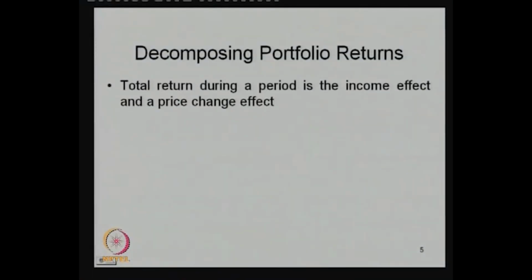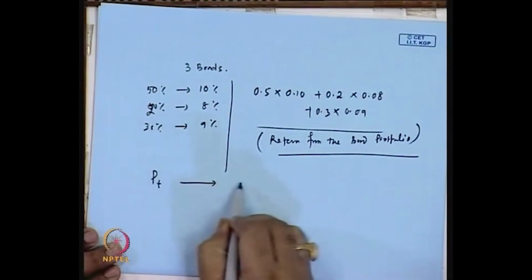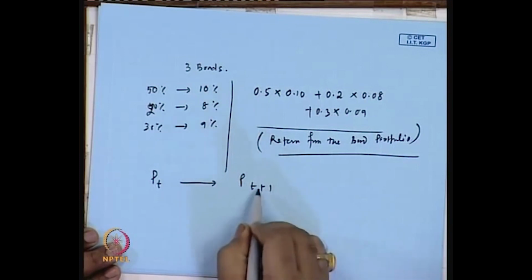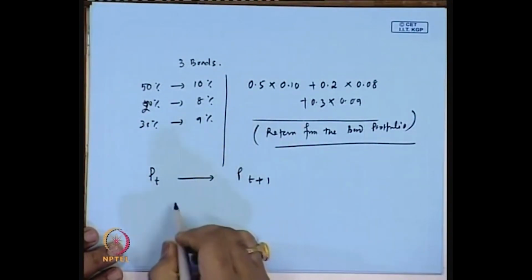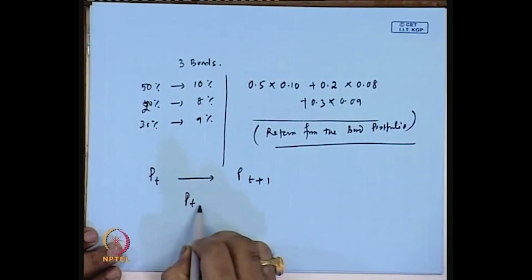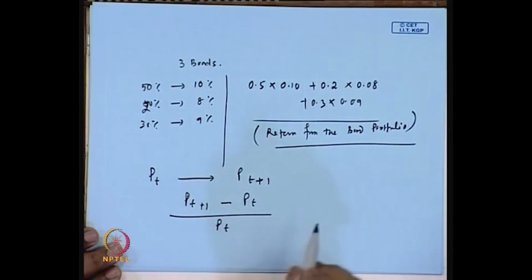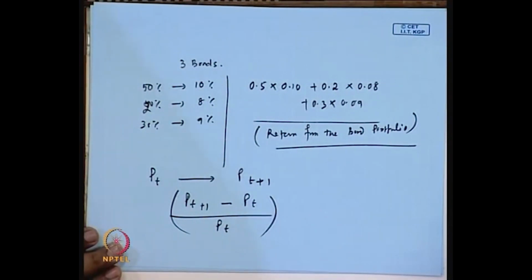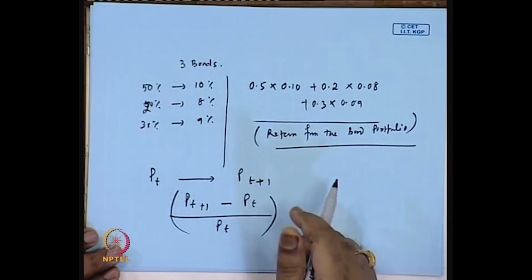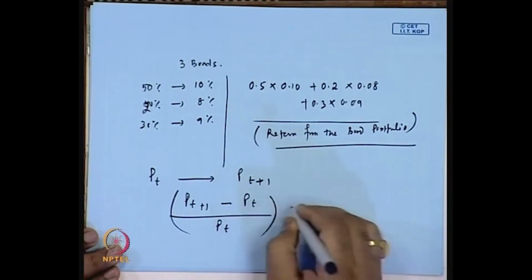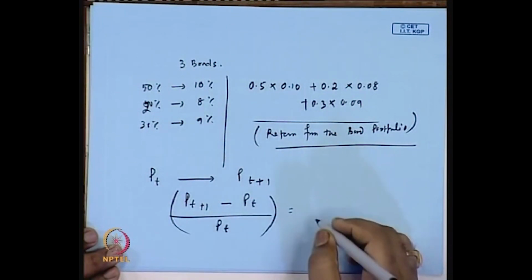Already we know that whenever the return changes, for example, your bond price was P_t and it changed to P_t+1, then the return will be (P_t+1 minus P_t) divided by P_t. This is the return you are calculating from there, and we know that this is divided into 2 parts.